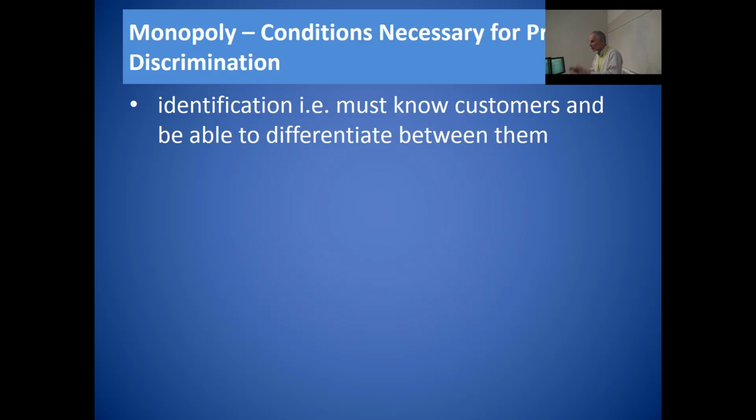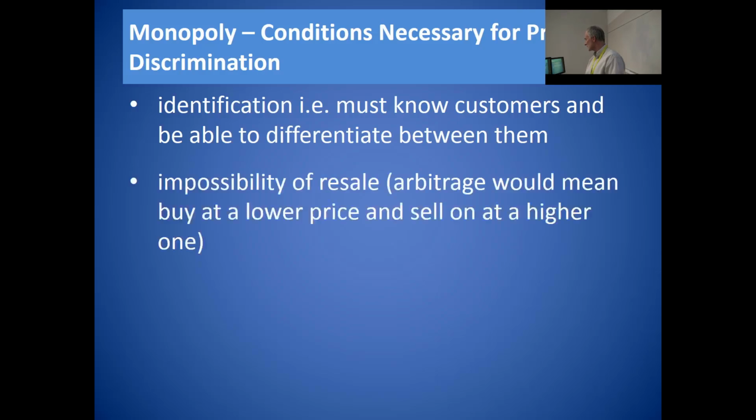So that's the first thing. For price discrimination to take effect, it's not just that there are different groups of customers out there with different willingnesses to pay, but the monopolist must be able to identify them.